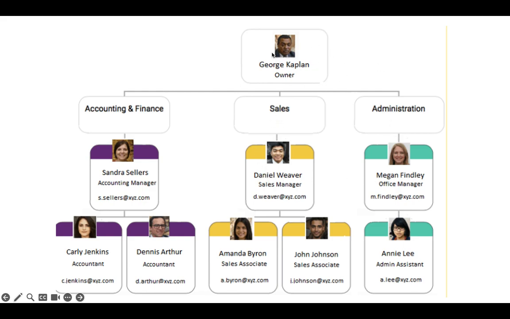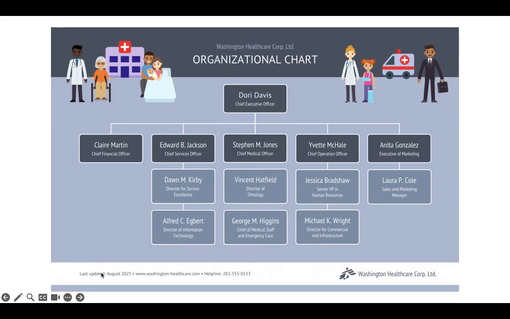And so this company said we engage in three types of activities: accounting and finance, sales, and administration. So Megan, you're going to run administration, or you're going to report to the chief administration officer, and then you're going to have an administrative assistant report directly to you. And these people report directly to Daniel, and so forth.